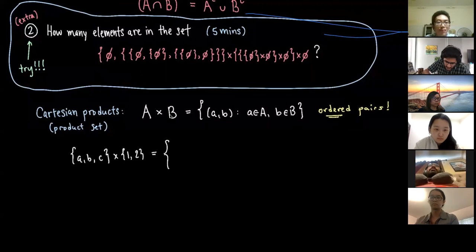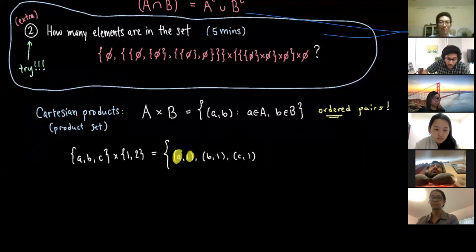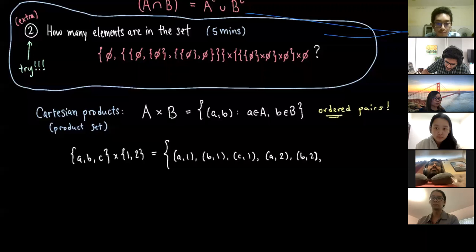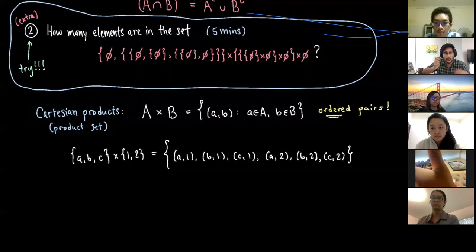So it's going to be A1, B1, C1, because I can insert anything from A in the first coordinate and anything in B in the second coordinate, and I have to list all of them. So then the other possibilities are A2, B2, and C2.